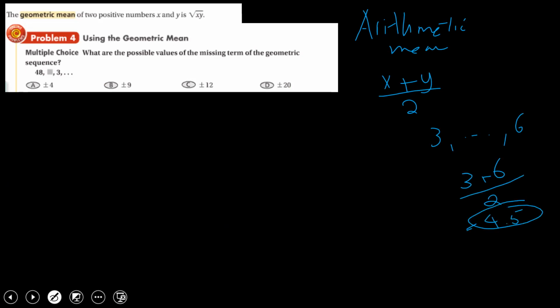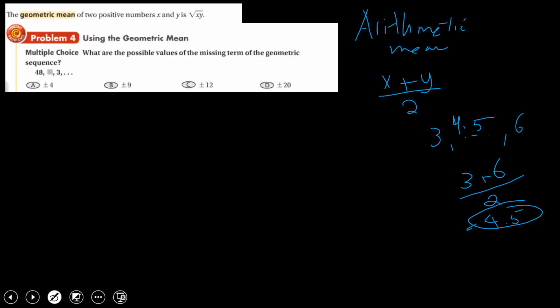So the arithmetic mean helps me find a term that comes between two terms like a1 and a3 or a2 and a4. And also we have a geometric mean.